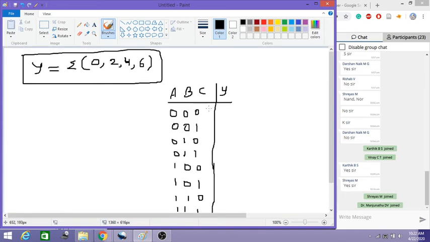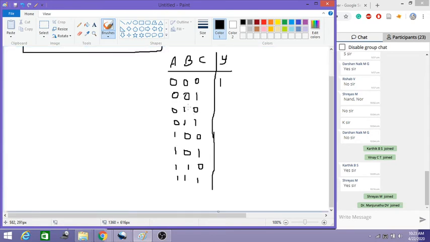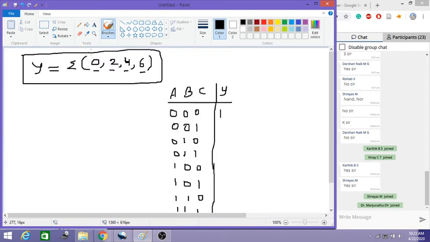So now what is it given? The output is for 0, 2, 4 and 6. It means only for these values the output should be 1. It means 0 means when all 3 inputs are 0, you have to convert this binary to decimal representation. So all zeros means it is 0. Now this is 0, 0, 0, 1, so this should be 0. And 2 means here it should be 1.